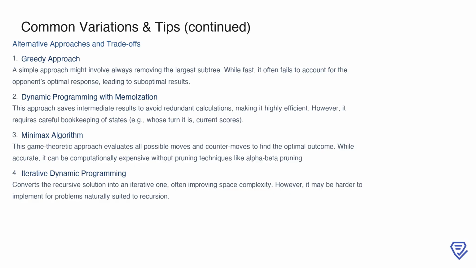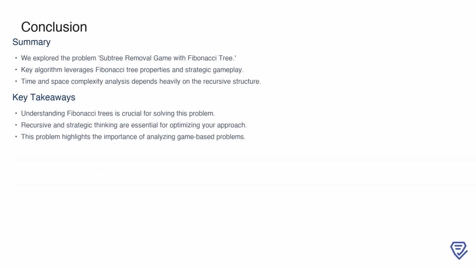Finally, iterative dynamic programming is an alternative that replaces recursion with an iterative process, often improving space complexity. However, this method can be harder to implement for problems that are naturally suited to recursive solutions. Each approach has its pros and cons, so understanding the problem constraints and requirements is key to selecting the most appropriate strategy.